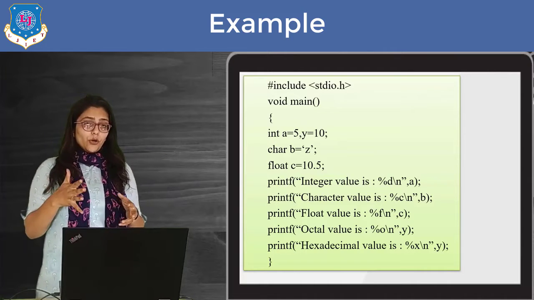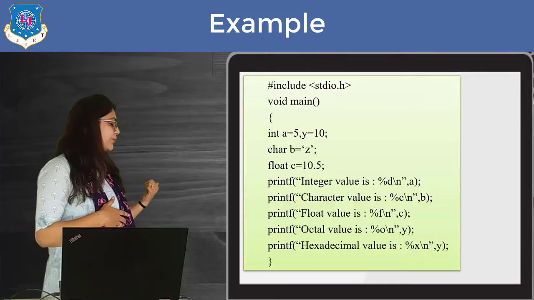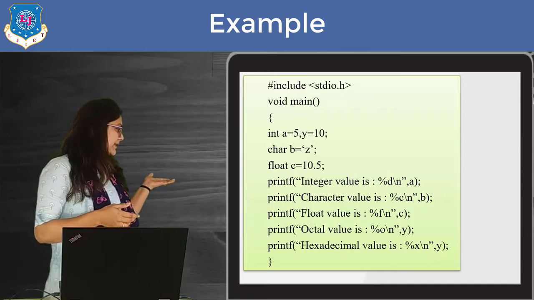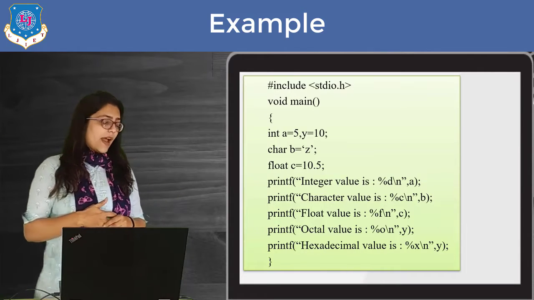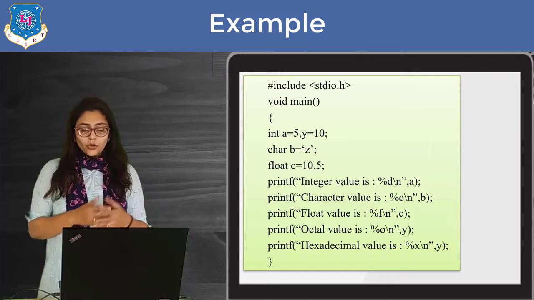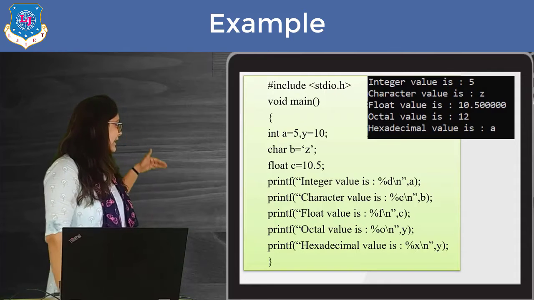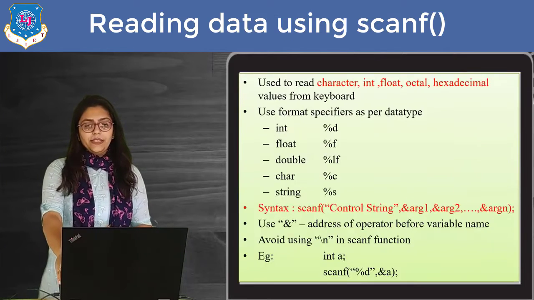So even if you want to print the octal or hexadecimal value of some decimal or integer value, you can use a format specifier for that, as I am using %o and %x for printing octal and hexadecimal values for my decimal value 10. You can run this program and you will see output something like this. So this is all about printf.